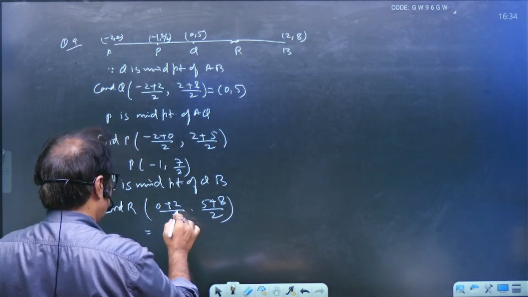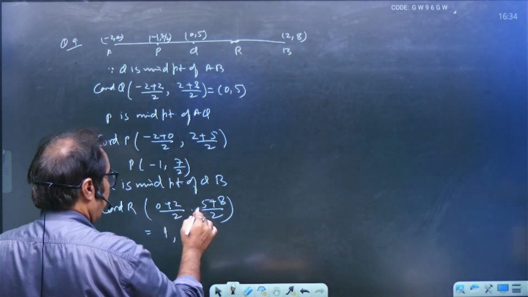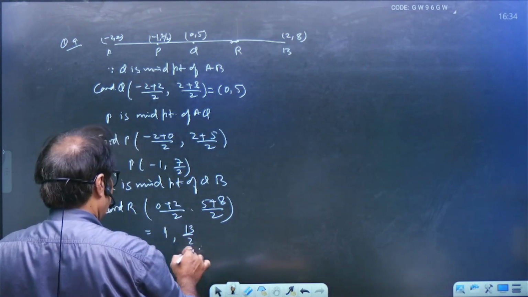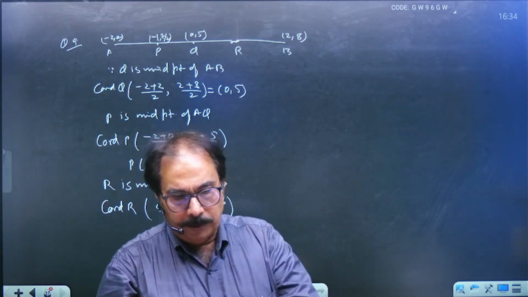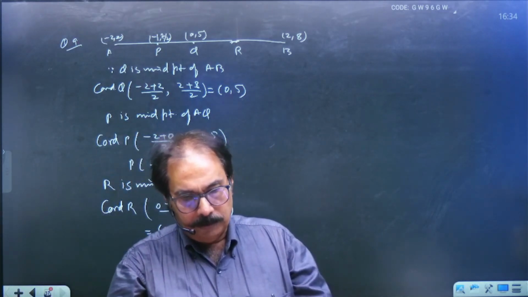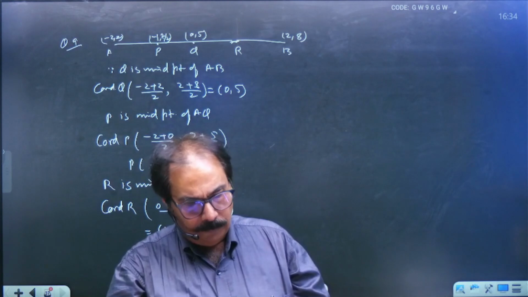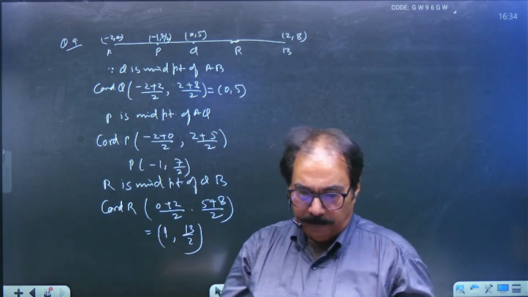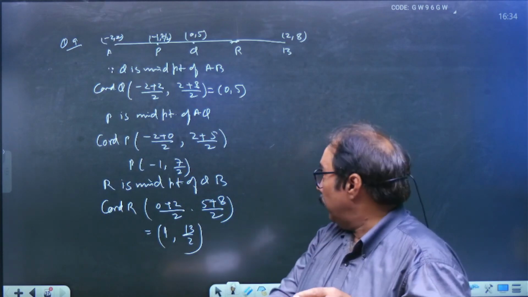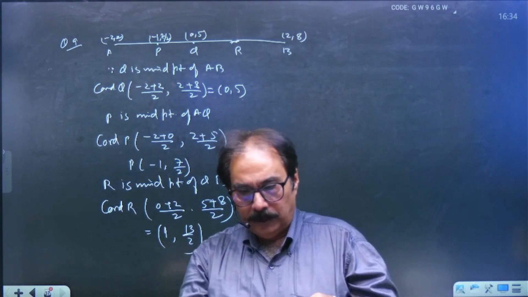So 0 plus 2 means 2 by 2, that is 1, and 13 by 2, right? So in this way we got all the 4 points. In the case of 4 points, apply the midpoint formula only: minus 1, 7 by 2; 0, 5; and 1, 13 by 2. The answer is right.